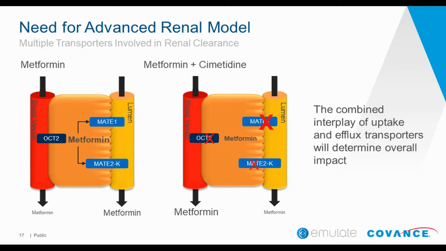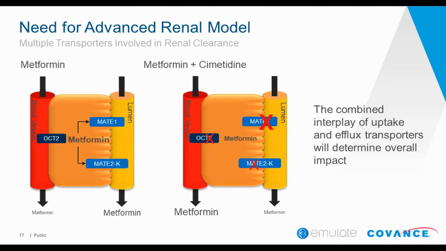And it's the interaction of various compounds with those transporters that would result in the potential for a drug-drug interaction. Many of the systems that we have today are singly expressing or don't necessarily fully represent the tissue, so it can be difficult to model outcomes when you do see these combination of effects coming through.